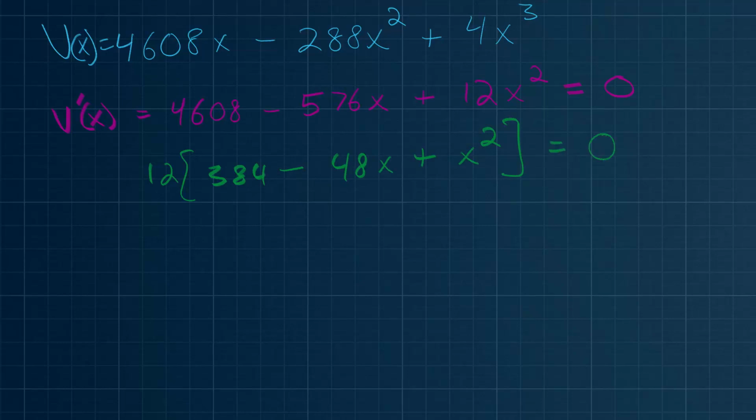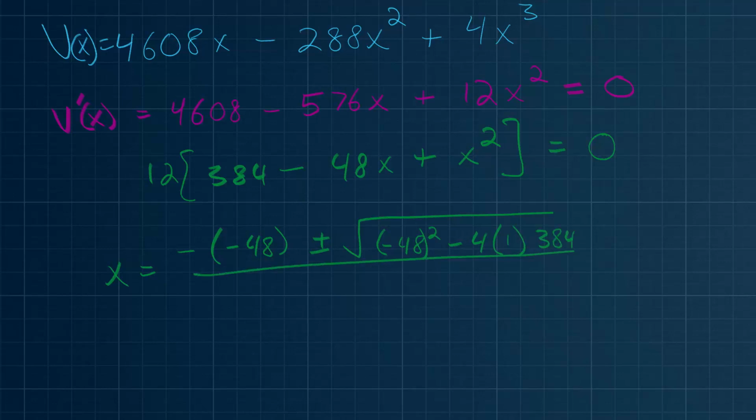And if we divide both sides by 12, the 12 on the left side can cancel. So I'm left with x equals the opposite of negative 48 plus or minus the square root of negative 48 squared minus 4 times 1 times 384, all divided by 2 times 1.